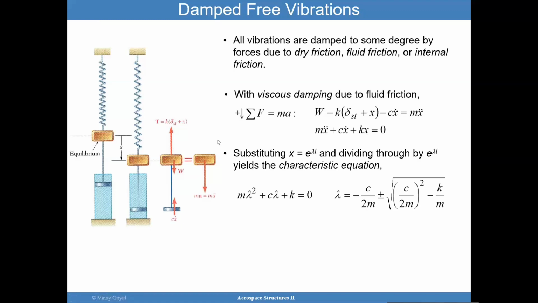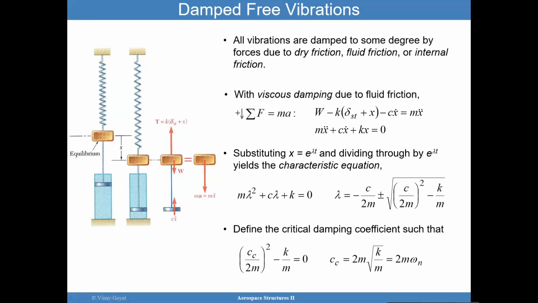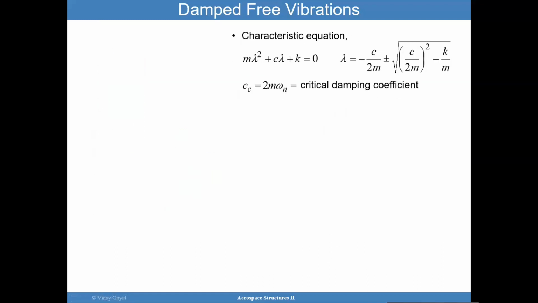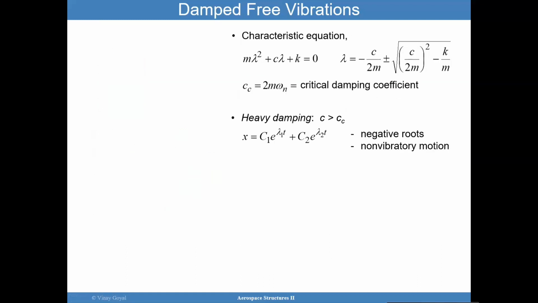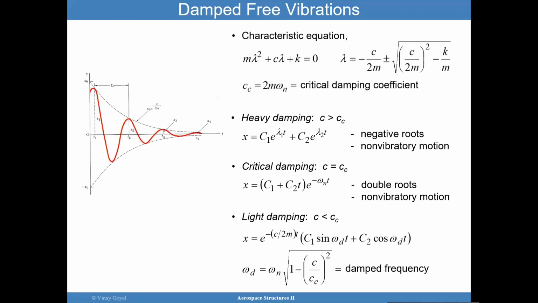Wolframalpha.com also works. So if we substitute e to the lambda t into this equation, we can find the solutions for this problem, okay? And I'll just jump to the punchline. So these are the solutions you can find.